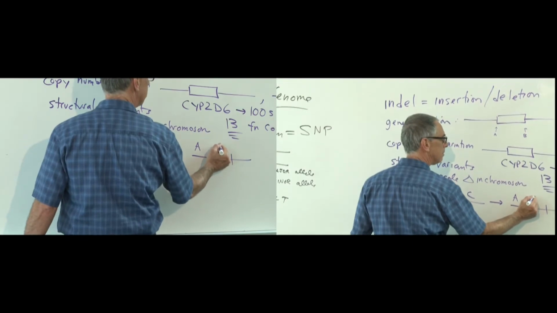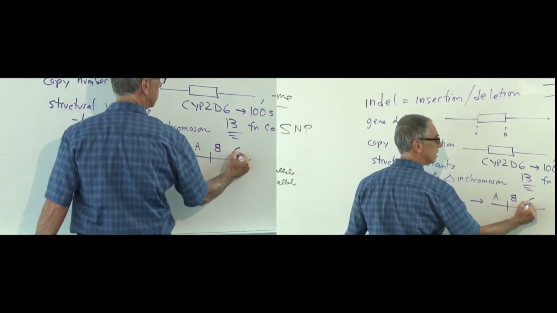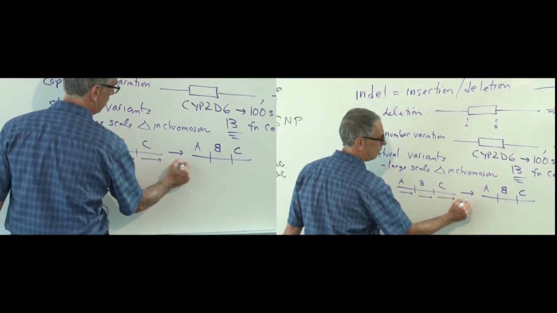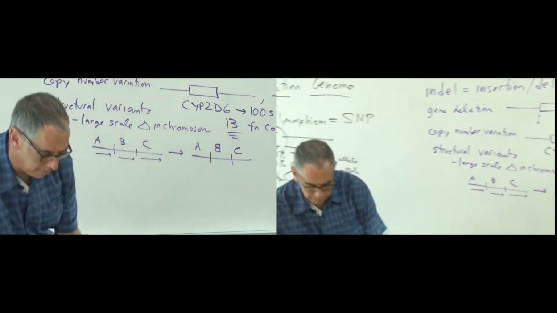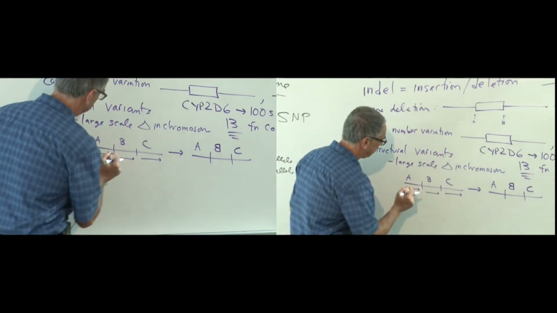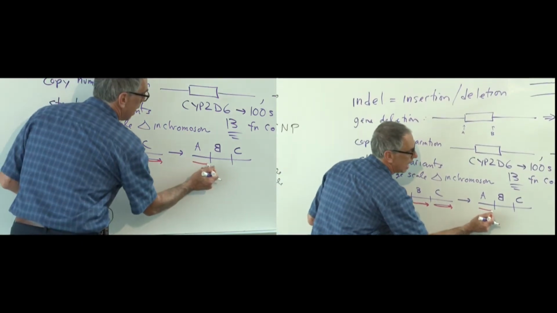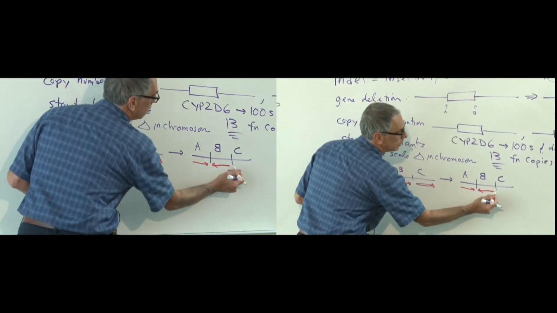So I'm going to just draw the B backwards. And then C. So this one goes arrow, arrow, arrow. I should do that in a different color. Arrow, arrow, arrow. And here it's arrow, arrow in a different direction, arrow.